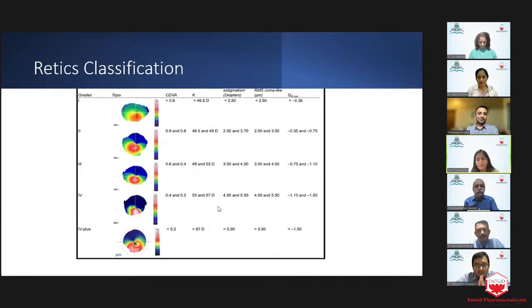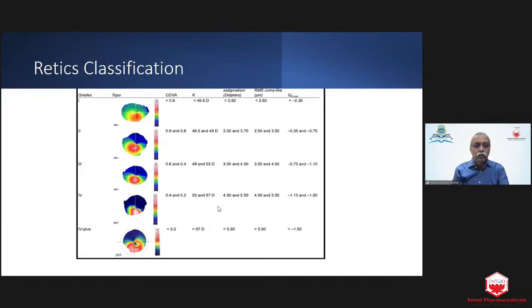See, this classification is really good. It is very difficult to divide keratoconus into these 4 or 5 grades. Actually, it is a continuous spectrum, but even then you get an idea what you are dealing with.